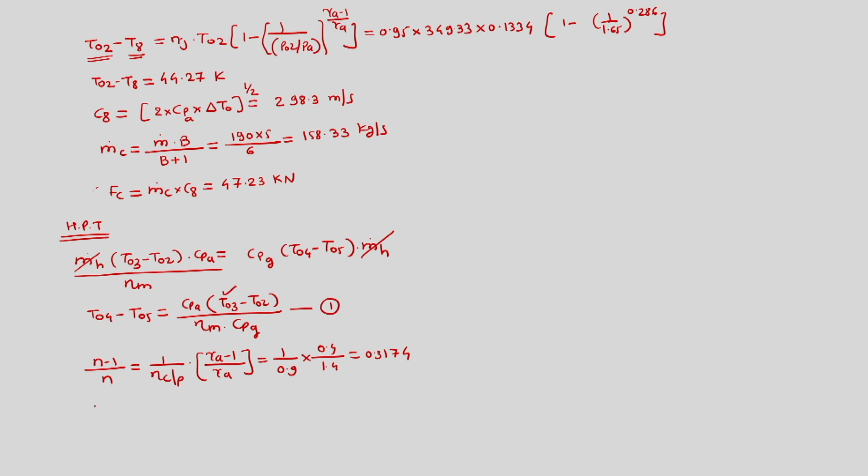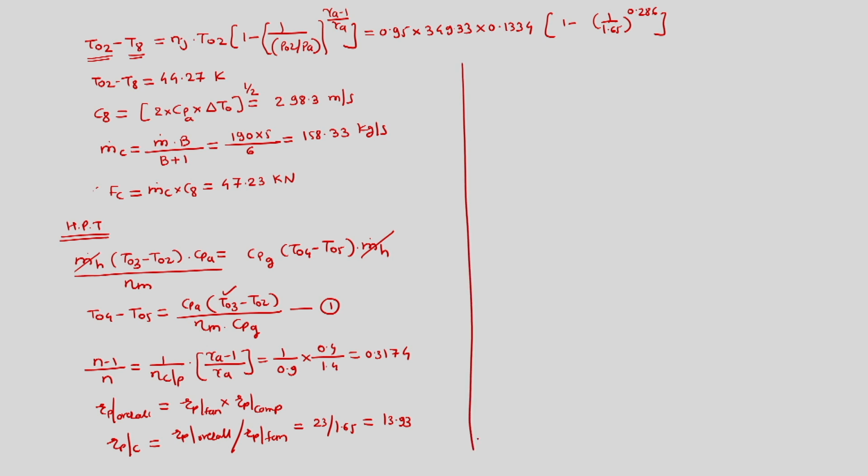Further, we are told that Rp overall is given as 23, so it is Rp fan into Rp compressor. So Rp compressor is equal to Rp overall divided by Rp fan, so it is 23 divided by 1.65, and it turns out to be 13.93.